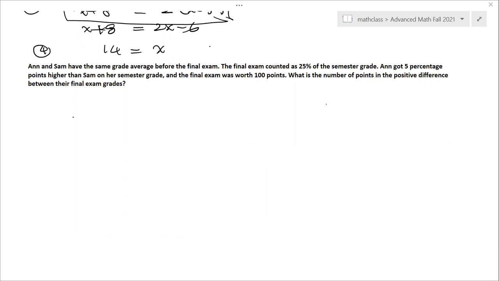Final exam counted as 25% of the semester grade. N got 5% points higher than Sam on her semester grade. And the final exam was worth 100 points. What is the number of points in the positive difference between their final exam grades?